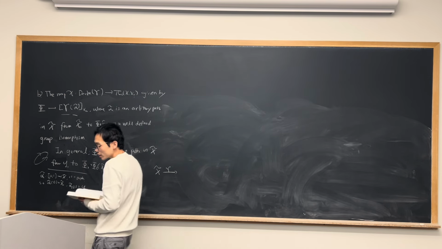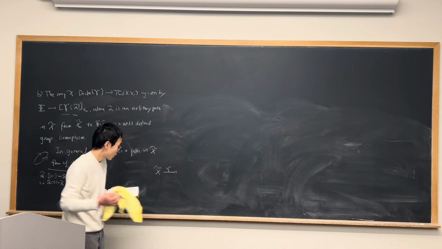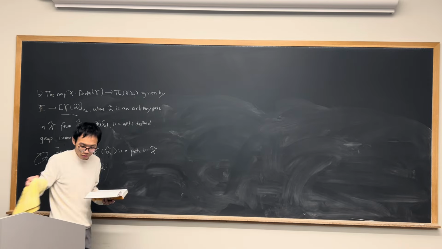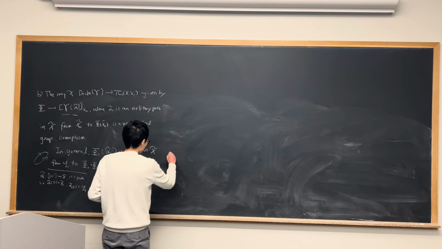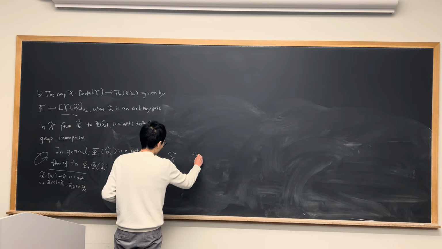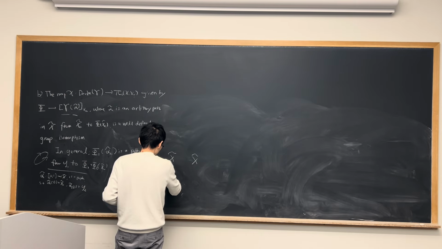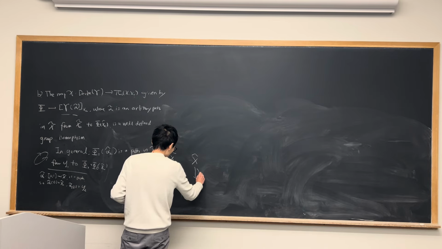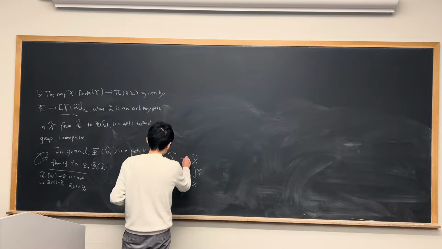Let's do this. You have the x tilde here, and x tilde here, and then you have the projection gamma, and then you have x, and the gamma here, and x here. So up here is the phi 1.